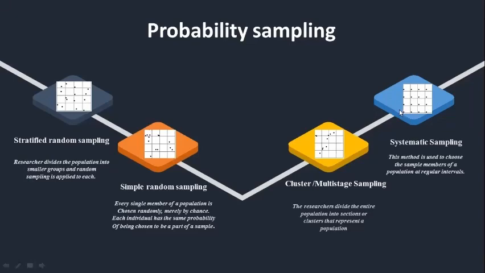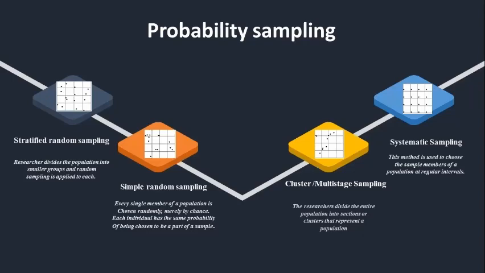You just divide 5,000 by 500, and you get 10. Then you number the students from 1 to 5,000, each and every one, and then you choose every 10th.